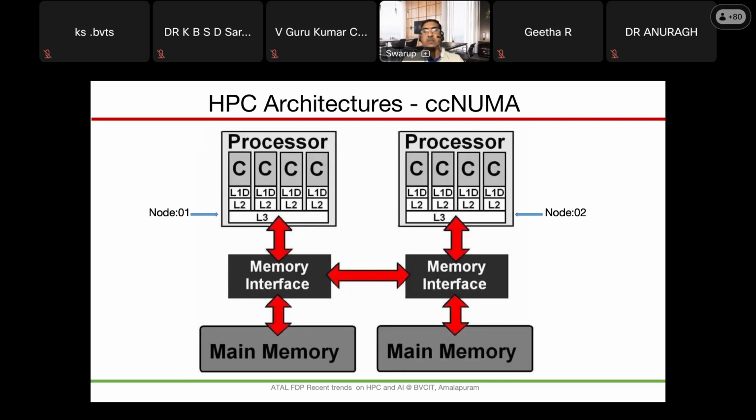Now let us go to the next one, CC NUMA. Everybody talks about NUMA and CC NUMA. The difference between these two, you have to be very careful in observing. Cache coherency means, for example, when the cache is written at a particular processor, the same should be reflected on the other one.